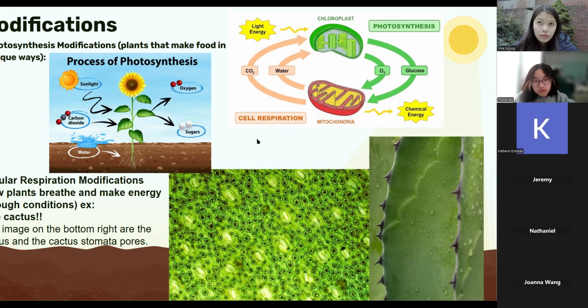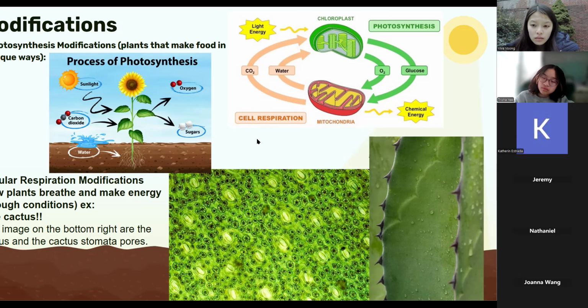Now, an excellent example of a modification is the cactus plant, because the cactus uses a water-saving respiration technique. The cacti have a smart modification that helps them survive in deserts. They store carbon dioxide at night and use it during the day so that they don't lose water in the heat. Unlike most plants, cacti keep their stomata, the tiny pores, closed during the day to prevent water loss in the scorching heat.